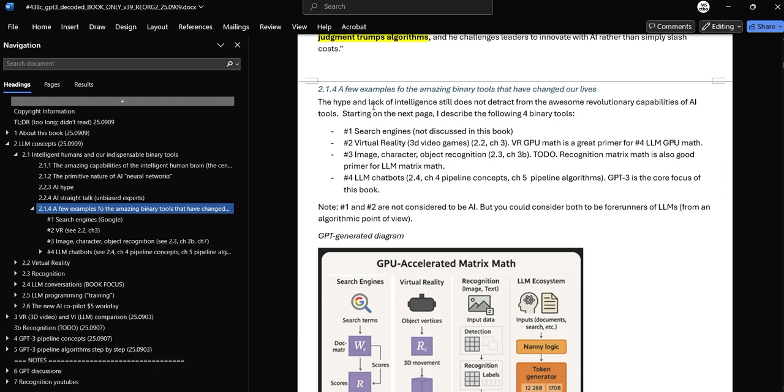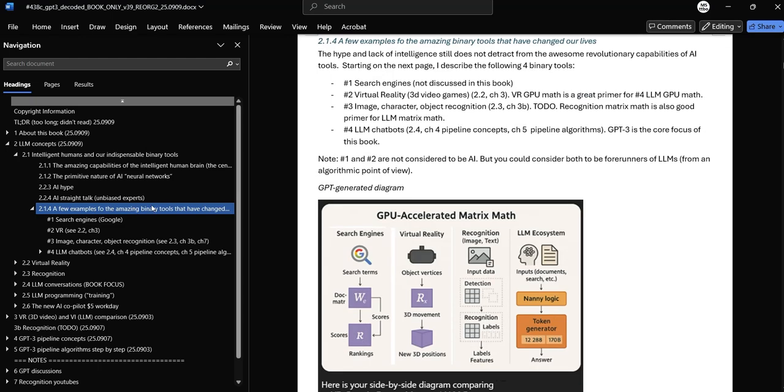And now we've got a few examples of the amazing binary tools that have changed our lives. I think once you get rid of the hype, you can really appreciate the engineering genius that went into making these tools. And you can understand these are incredible accomplishments.